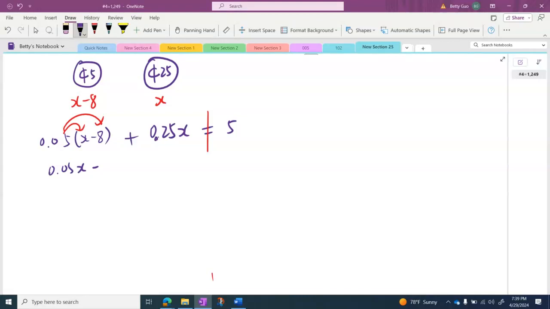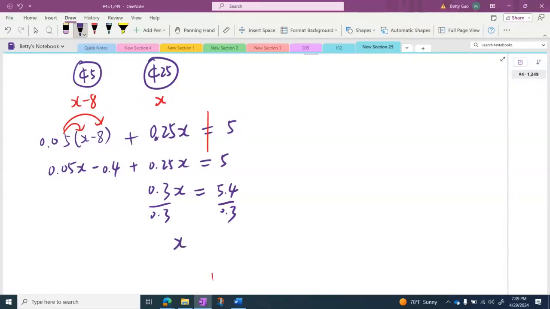0.05x minus 0.4, plus 0.25x equals 5. And this is 0.3x equals 5.4.